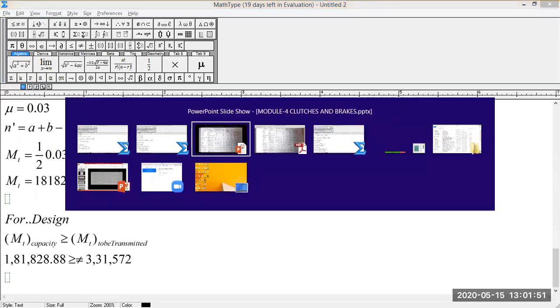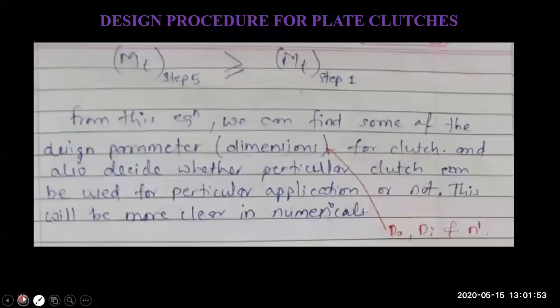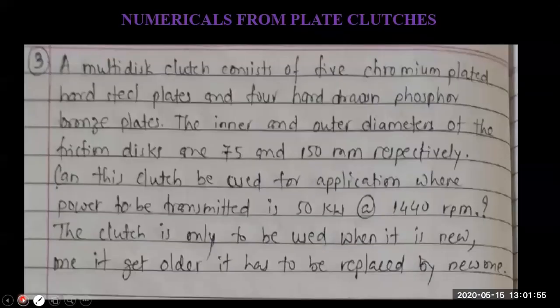So let's go back to the question. What exactly is asked? Let's see. Okay, so it was asked where power is transmitted this much, can this clutch be used for the application? That was the question.